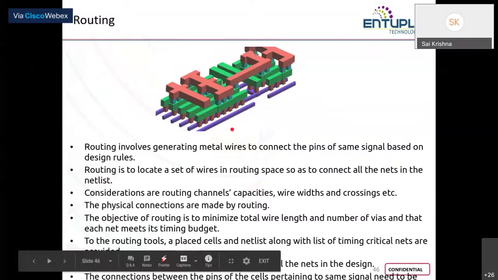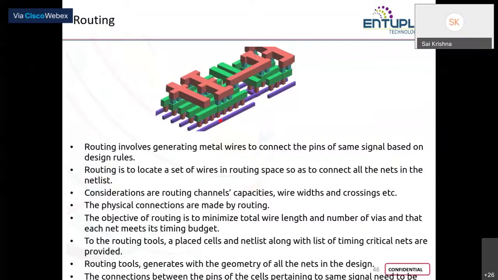every metal is placed at a certain height in perpendicular directions. So the blue line that you see at the bottom most is your metal 1. And then assume there is some metal 2 in between. And then the green line is your metal 3. And then the perpendicular metal 4.